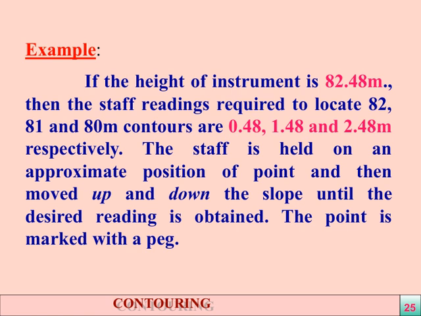The goal is to find the exact spot where the staff reading matches the desired contour height. Once we find this point, we mark it with a peg. This process helps us accurately trace out the contours on the landscape, which is essential for mapping and surveying tasks. Understanding this method is key to effective contouring, as it ensures precision when recording the elevation lines across the terrain.